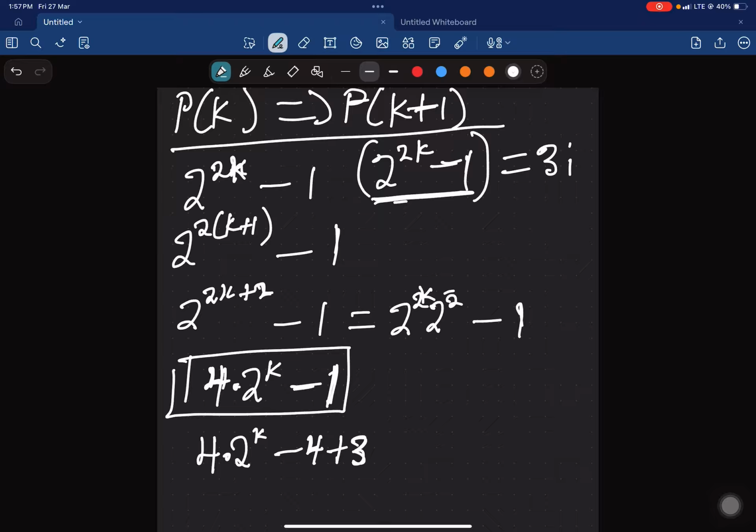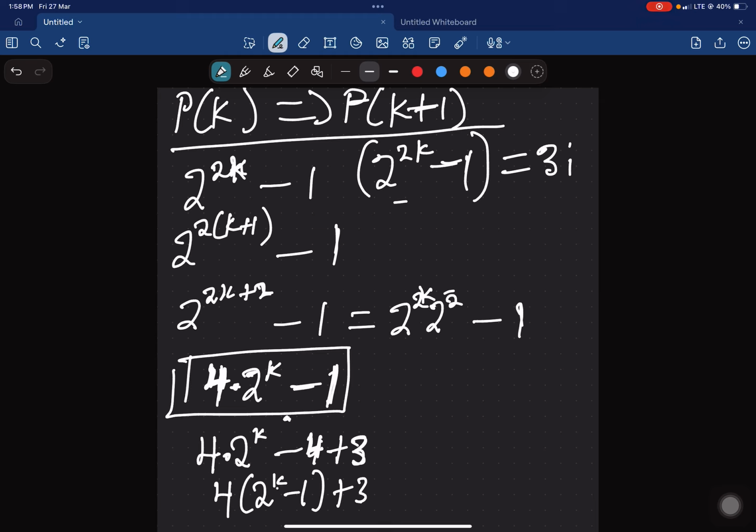Now let's factorize out the 4. It's because we want to get this form in this particular expression. That's why we are using 4, because 4 is multiplying the 2 to the power 2k, so we bring in 4 so that we can factorize it out easily. In the factorization, we have 4 multiplying 2 to the power 2k minus 1, plus 3.